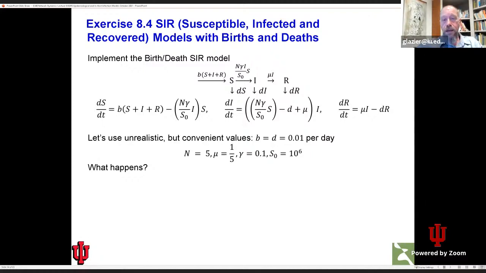If you've gotten ahead of the exercise and your classmates, you might try making the birth rate more realistic by going to B equals D equals 0.001 and seeing what happens. You may have to run the simulation for longer. And then you might even try to make it really realistic and make it 1 over 80 times 365 and see what happens.